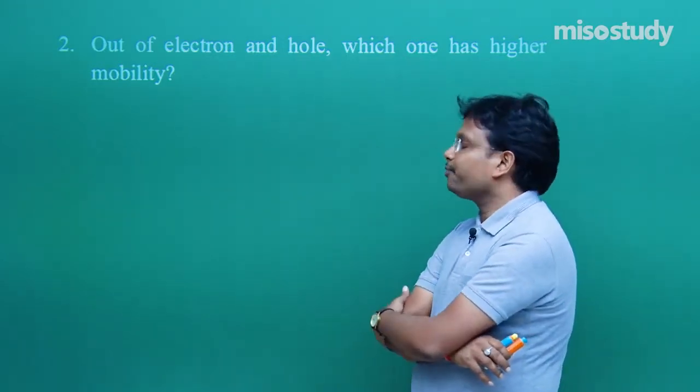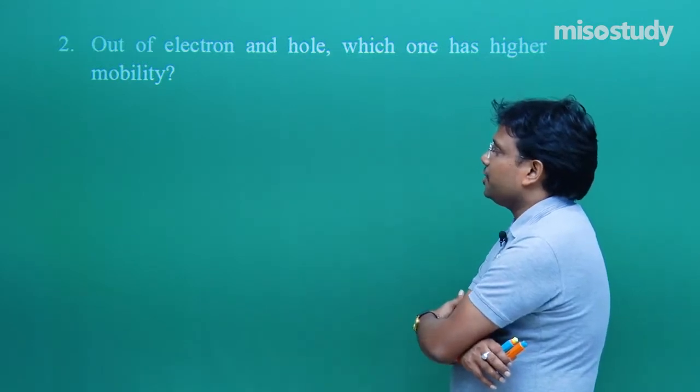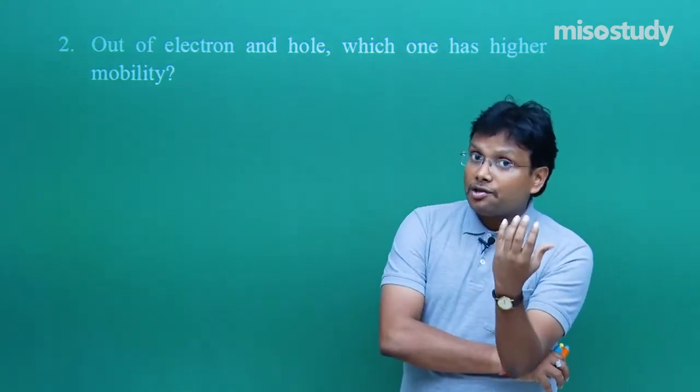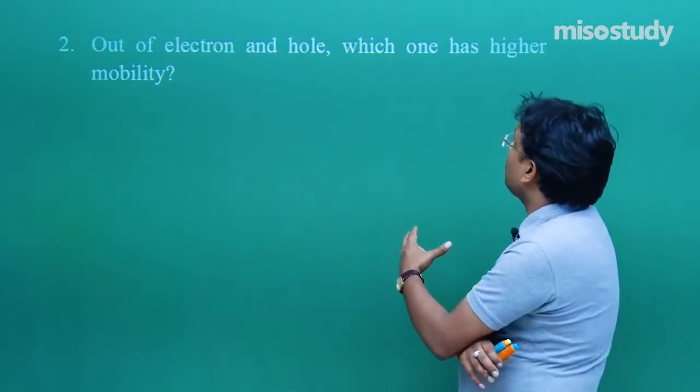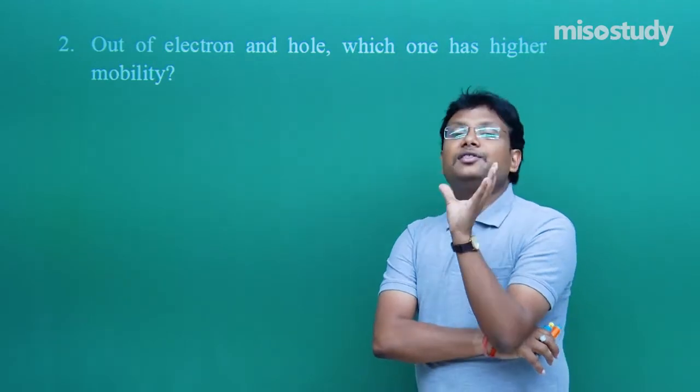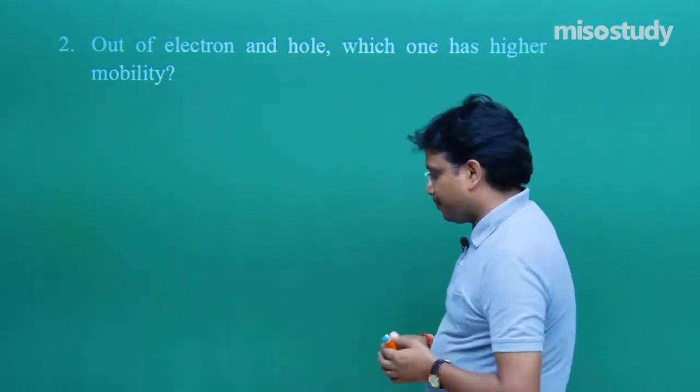So, the answer, because of that particular question, I thought it is better to share this question with all of you also. So, the answer of this question is that in semiconductors, out of electrons and holes, electrons have higher mobility. Fine, means they move faster than holes.